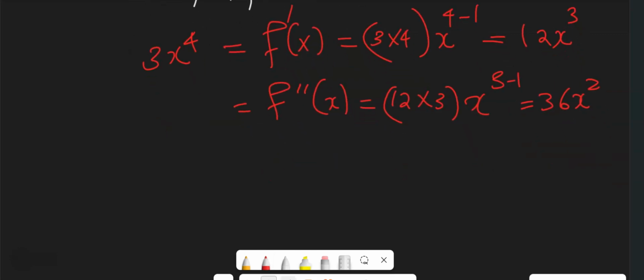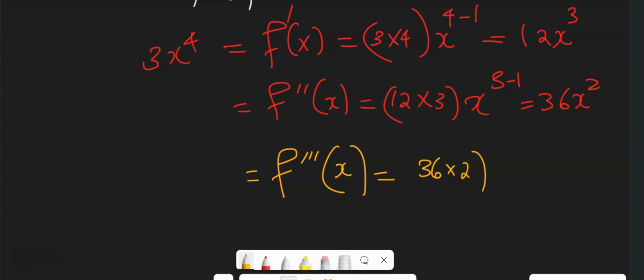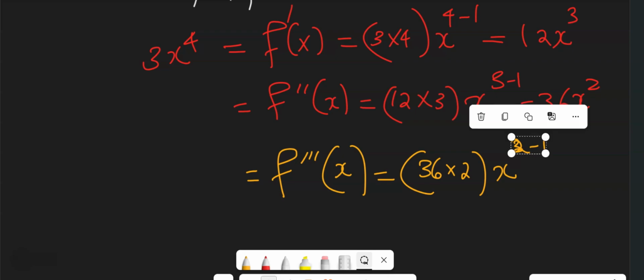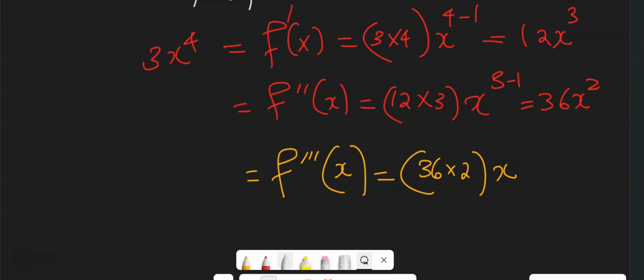The third derivative, f triple prime of x, should be given by 36 times 2, then x power 2 minus 1.